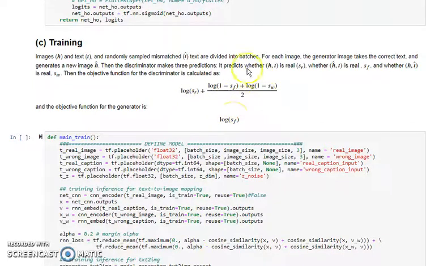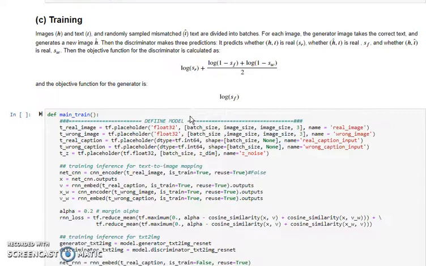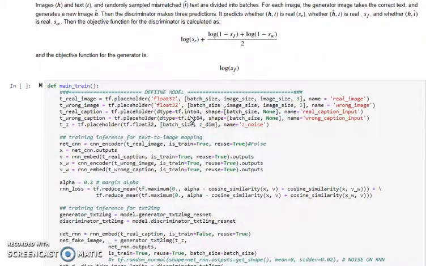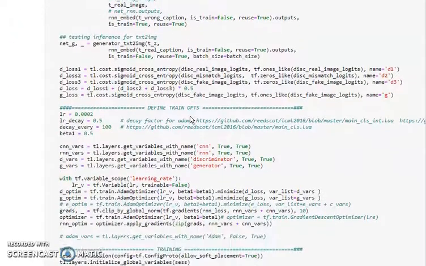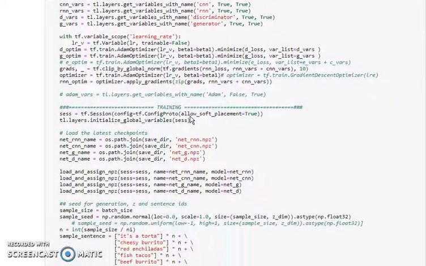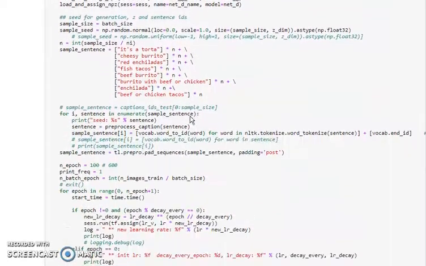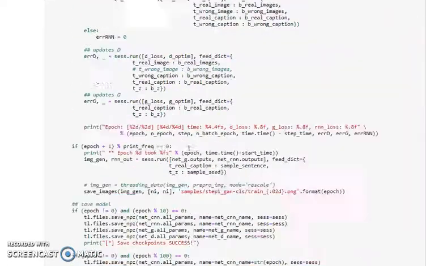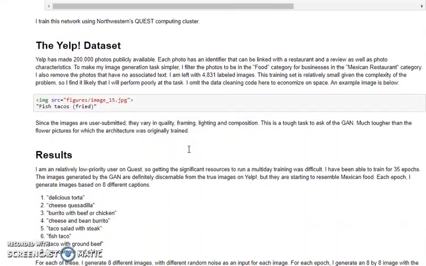And so their objective function is a function of how many correct answers they get, and the objective function for the generator then is whether or not the fake image can fool the discriminator. And so here is what the training code looks like, and let's get into the dataset and results.